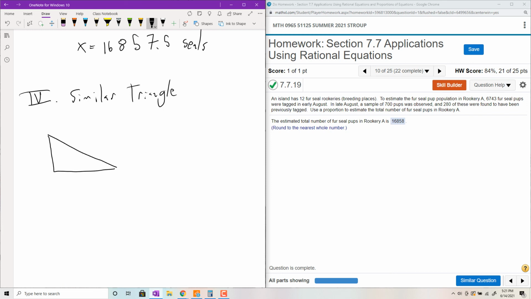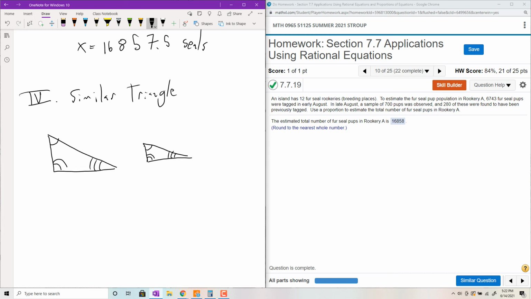You're going to have two triangles, one bigger than the other, but they have corresponding angles. This angle here is the same as this angle here, this angle is the same as this angle, and this angle is the same as this angle. If that's true, then the sides of these triangles are corresponding sides, and you can make proportions out of them.